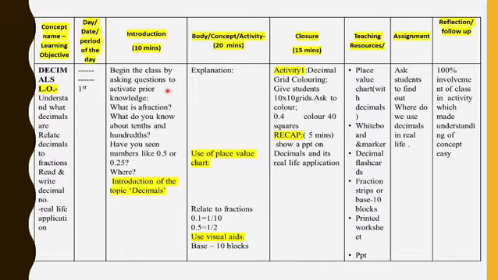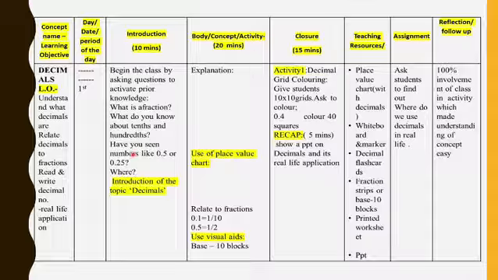Now here, what is given? Begin the class by asking questions to activate prior knowledge. Now what questions are asked over here? What is a fraction? Children will be answering what a fraction is. And then from there, what do you know about 10th and 100th?